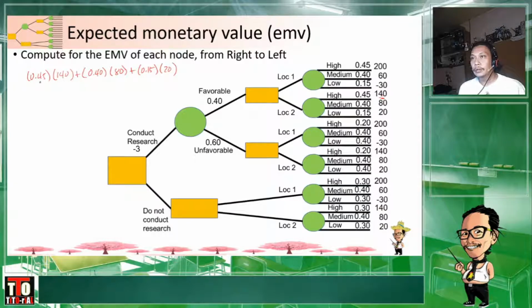Okay? So, 0.45 times 140 is 63 plus 32 plus 3. So, pag i-add natin yan, 63 plus 32 plus 3 is 98. So, si 98, dito naman siya sa location 2. Okay?